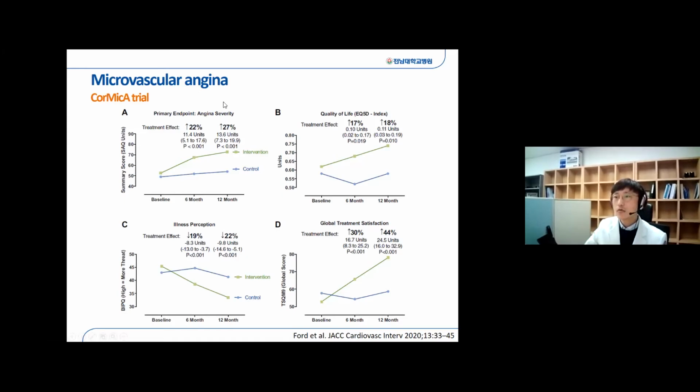Here you can see that all the markers of quality of life, angina severity, illness perception, and global treatment satisfaction were significantly better for the interventional group. So the detection of microvascular angina can affect the patient's prognosis in terms of quality of life and symptom severity.